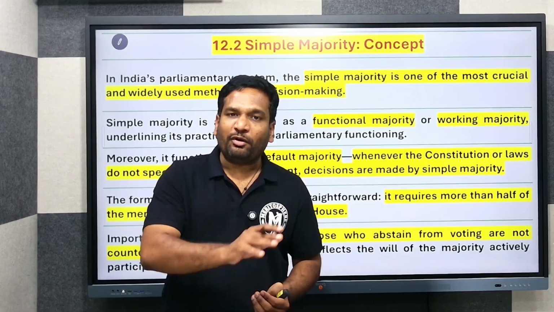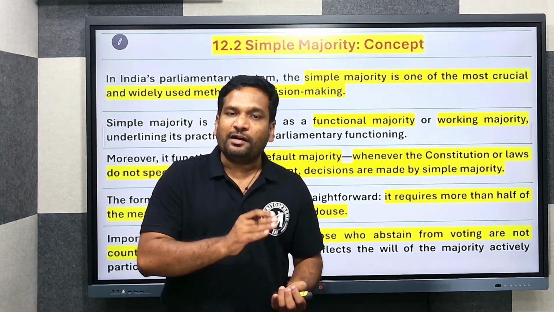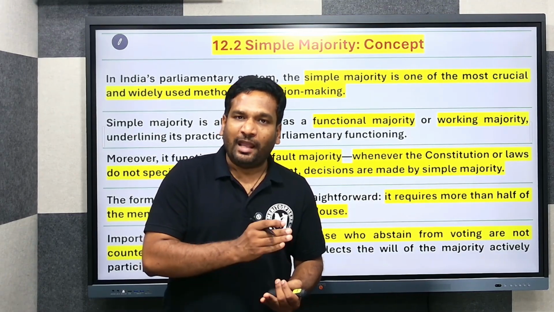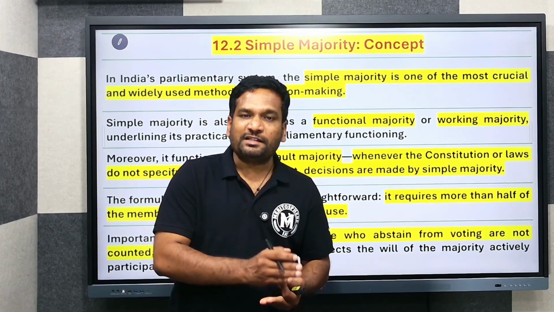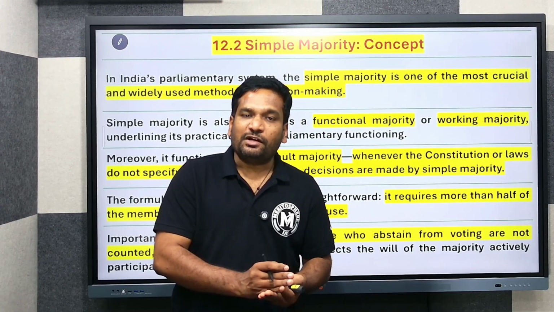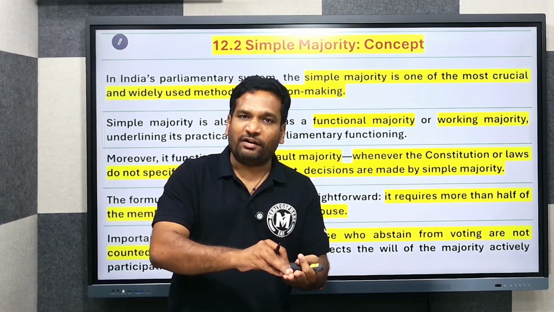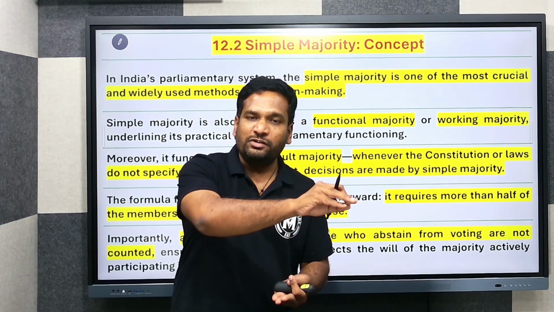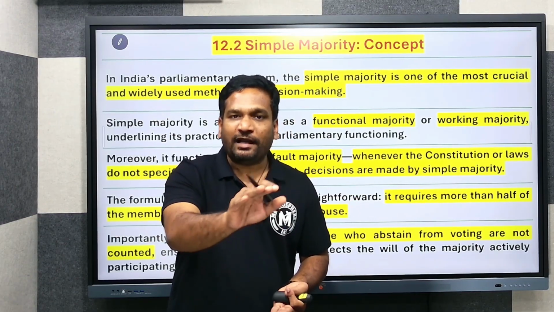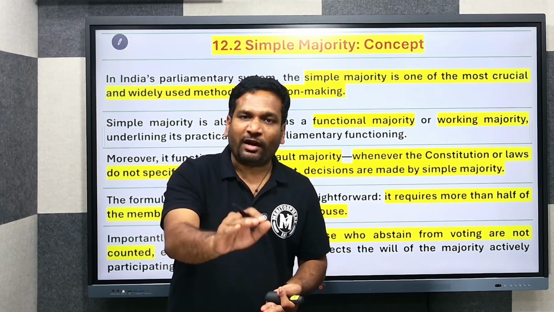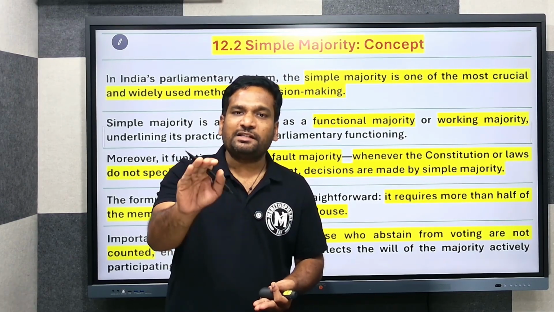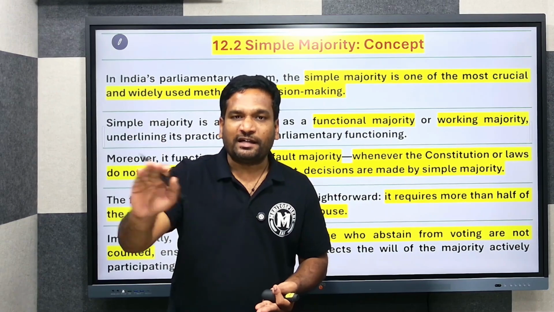So from the total membership of the House, we deduct the absentees, the abstainers, and the vacancies. Members present and voting is equal to total membership of the House minus absentees minus abstainers minus vacancies.